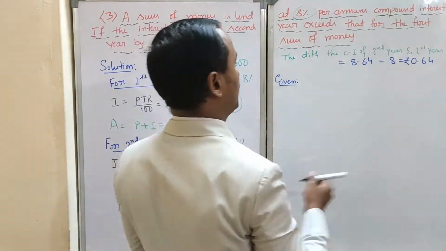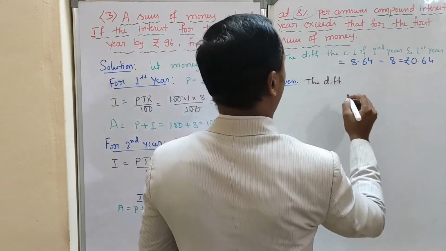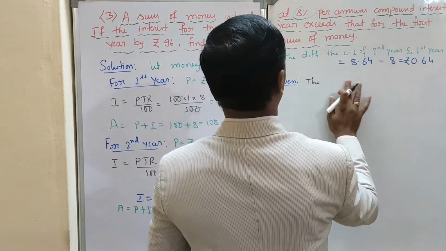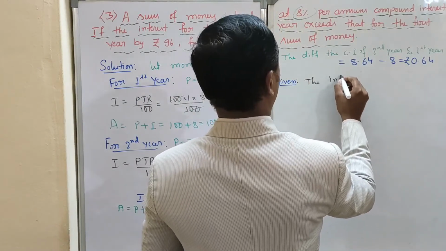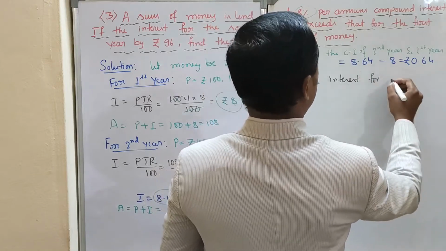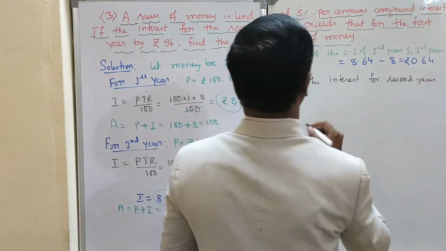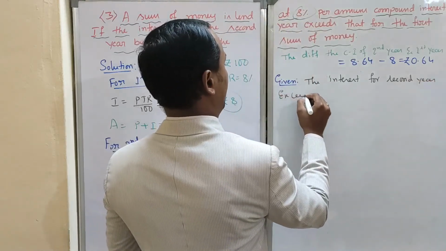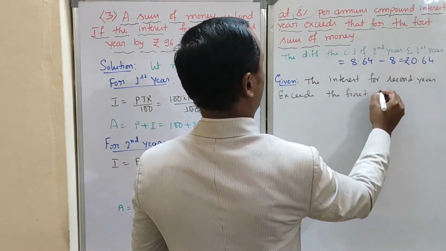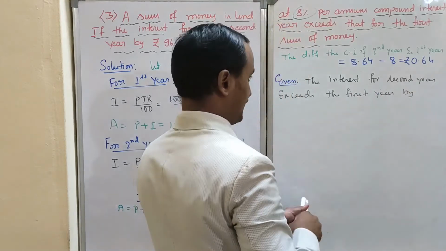But the given data, you know, is that the interest for the second year exceeds the first year by rupees 96.